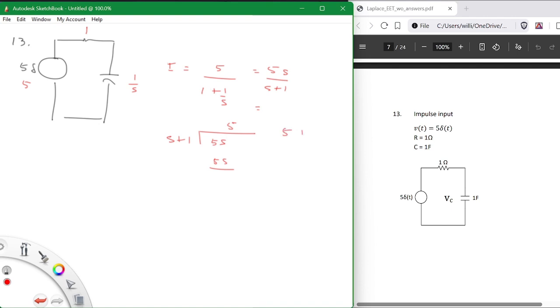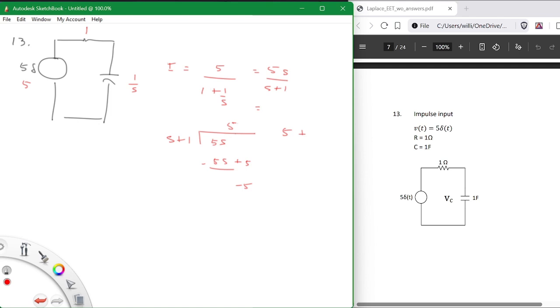So my answer is 5 plus what? 5s plus, this is 5 times s plus 5. So minus 5. Okay, this is this minus this, right? Let me do this right. It's been a long time since I've done this, but this is how you do it. You divide 5s, which is the numerator, by the denominator, 5s plus 1.